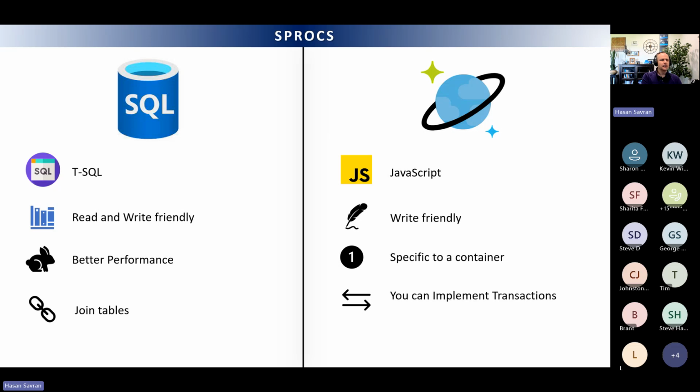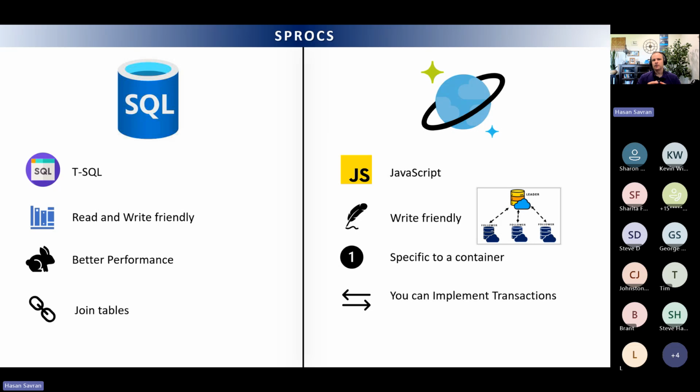If you remember the replica set I showed you, we have a leader and 3 followers. The stored procedures will always get executed by the leader, not by the followers. So they are write-friendly because the leader is always taking the write first.